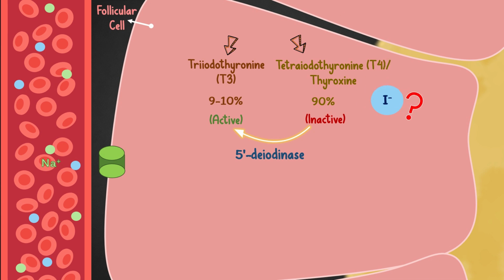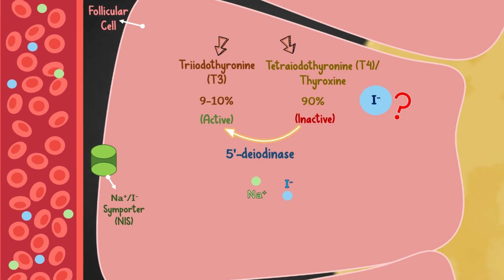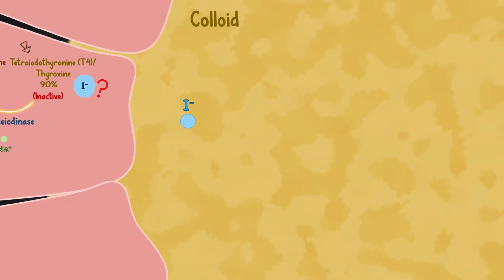Yes, iodine is obtained from nutrition, which is then transformed into iodide ions in the body. This iodide is taken up by these follicular cells through sodium iodide symporter, or NIS for short. Now, iodide can easily diffuse from follicular cells into the colloid.